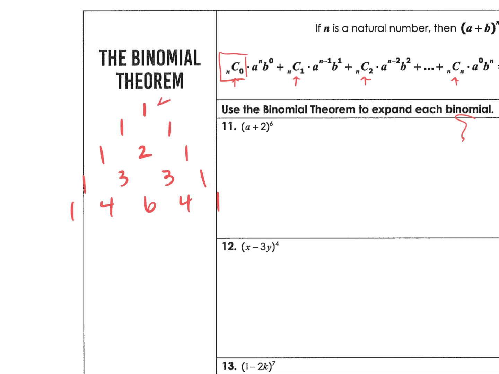In other words, guys, this is 0C0. This guy right here is 1C0. This is 1C1. This is 2C0, this is 2C1, this is 2C2, and so on. See what I'm saying?